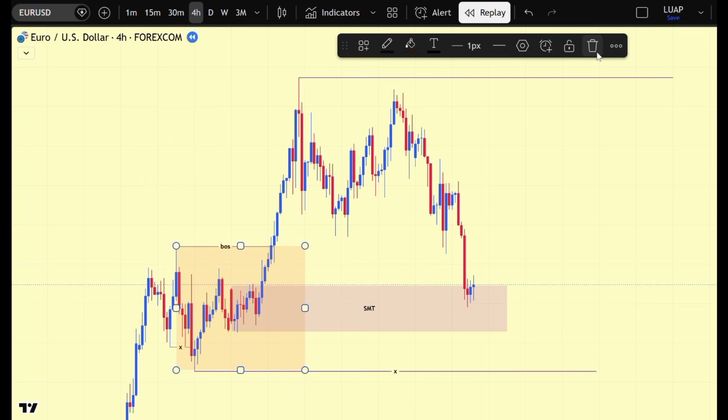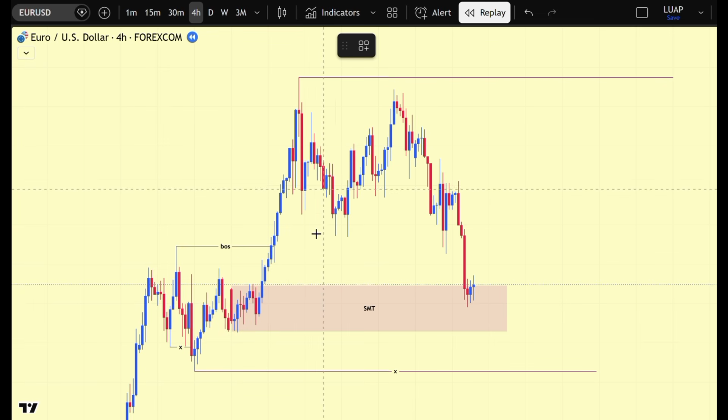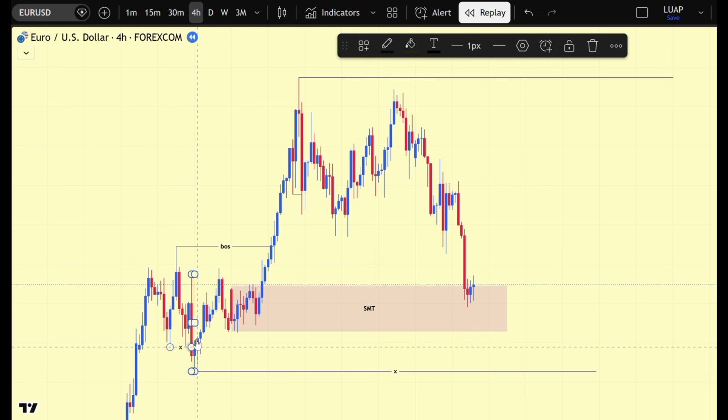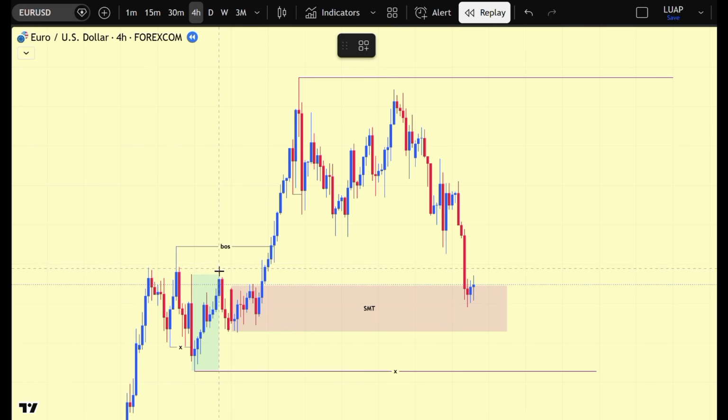We can clearly see that this one here is the inducement, the major inducement in that case, and price has already taken that out. If I am to mark the POIs, we can clearly see the extreme order flow, which is already mitigated, meaning it's invalid. I'll just use the color we usually know, and the one following it is this one.